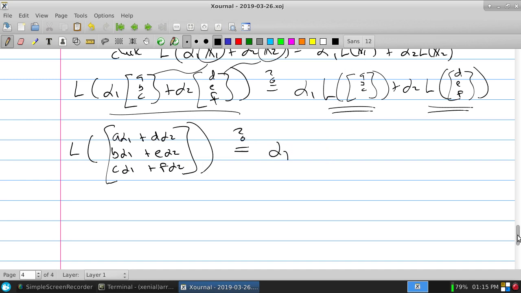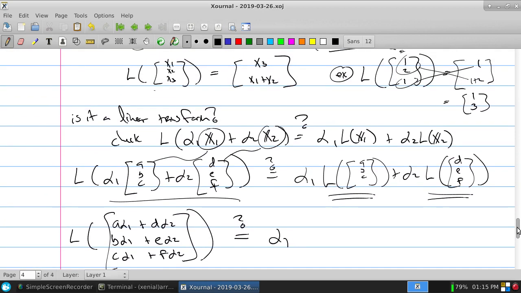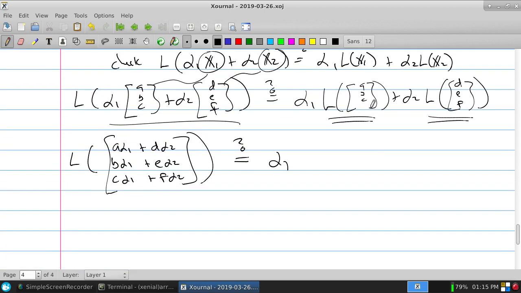Okay, what's the rule of the transform? It is take the bottom, write it, take the first two, add them. So if you transform A, B, C, what would you get? C, A plus B. Is everybody okay with that?